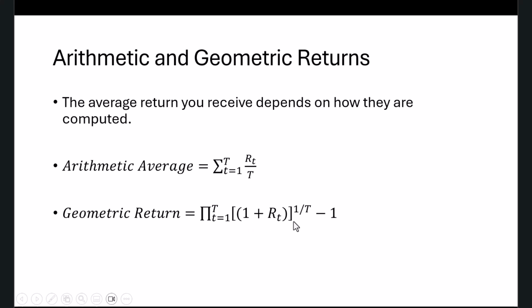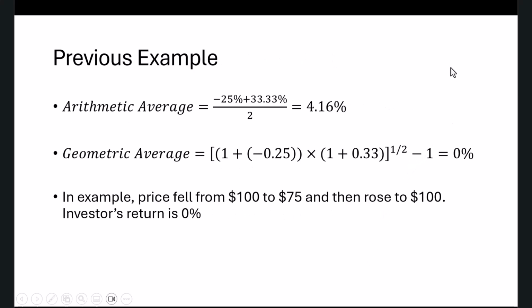So if you only have 2 observations, you take the square root of it. If you have 3 observations, 3 returns, you take the cube root, and then you're going to subtract 1 from it.